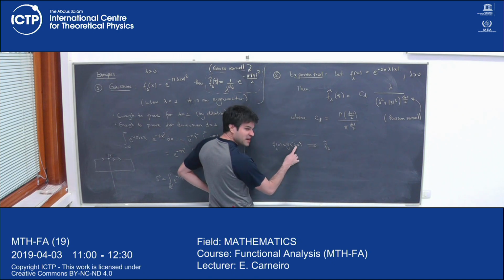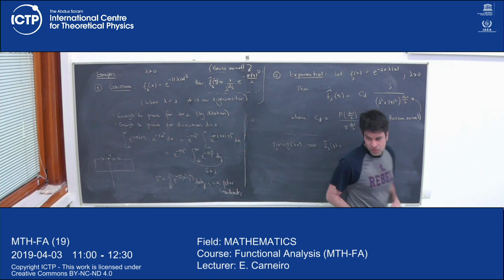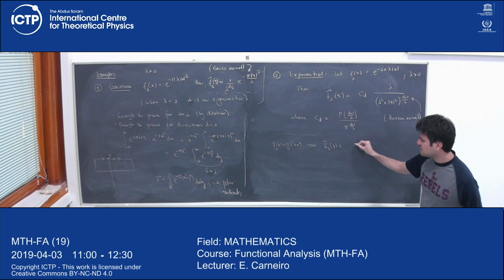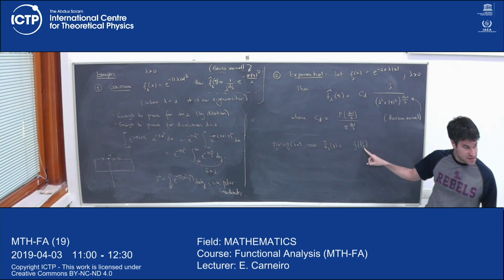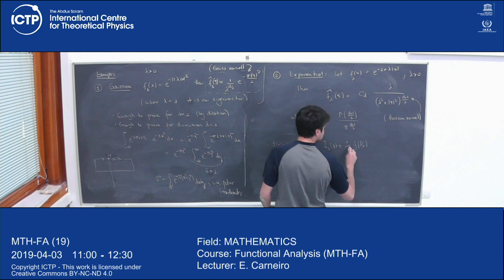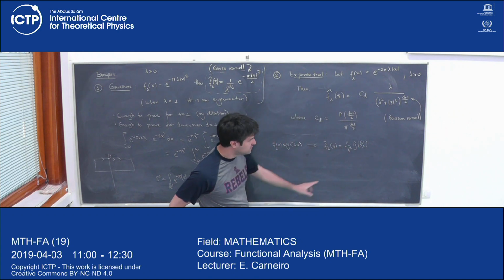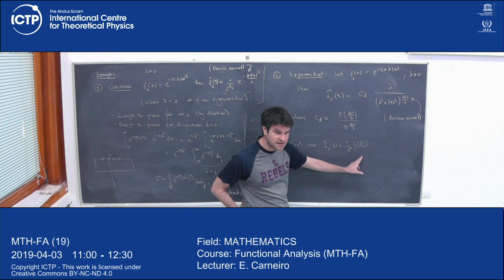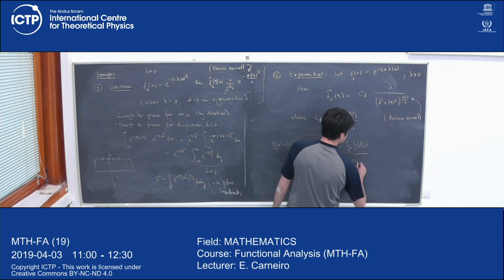If you just dilate by lambda inside, the Fourier transform will do the following thing: g hat of xi over lambda. So multiplication by lambda inside will divide by lambda, and also multiply by 1 over lambda to the d. So you see what's going on? This is what we call the approximation of the identity.